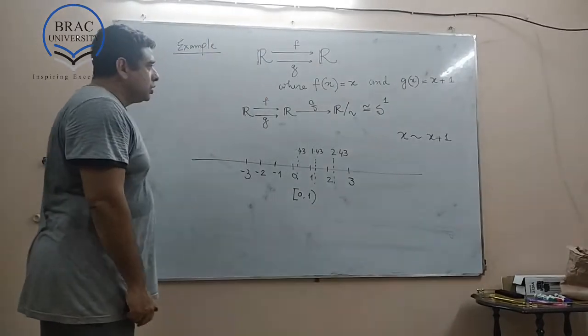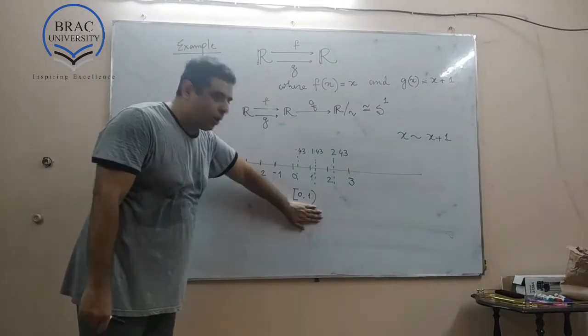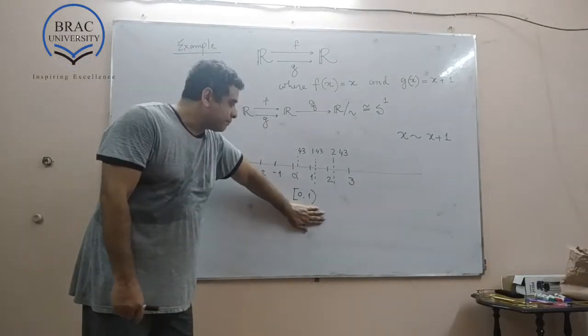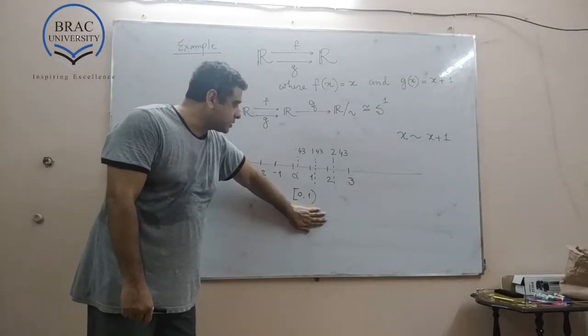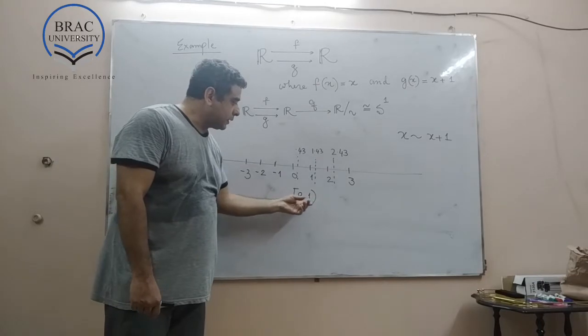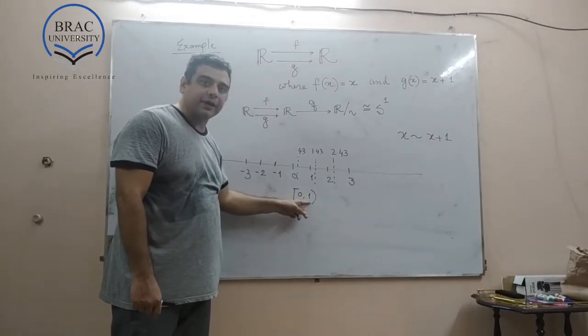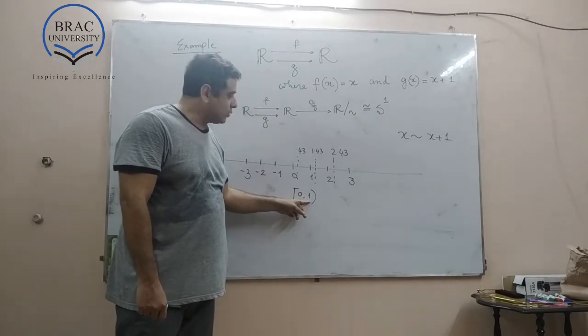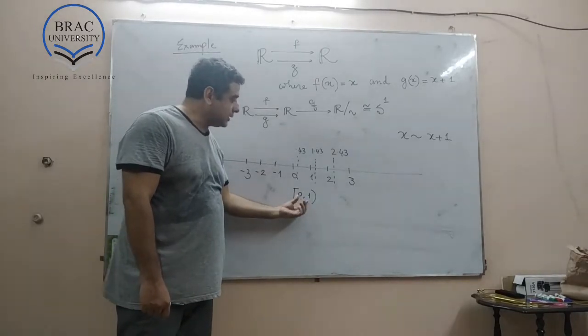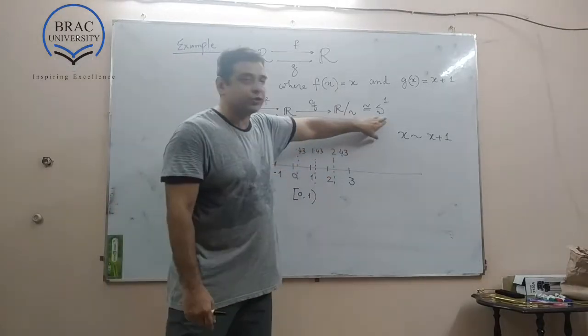Okay. So, but this does not tell the whole picture because you don't see from here that 0 is identified with 1. And when you do that, this interval becomes a circle.